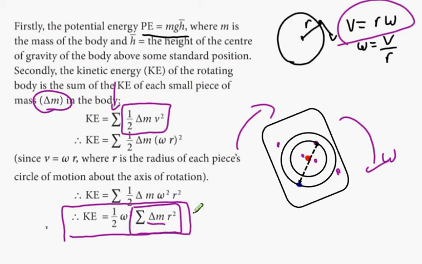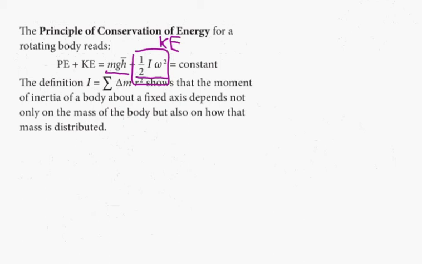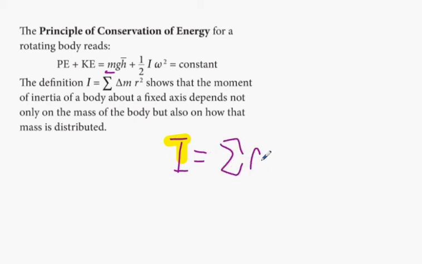So what we have next is I. I therefore equals the sum of all the masses individually multiplied by that individual mass's distance away from the center of rotation squared, or radius squared.